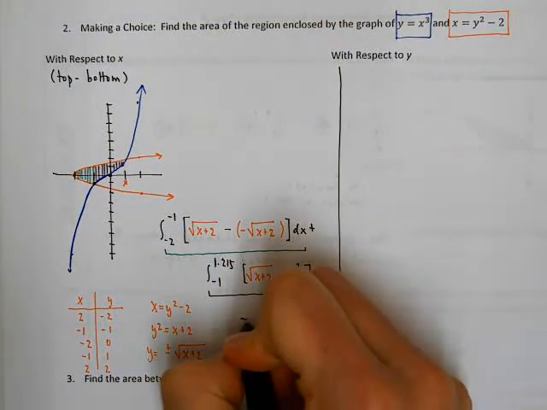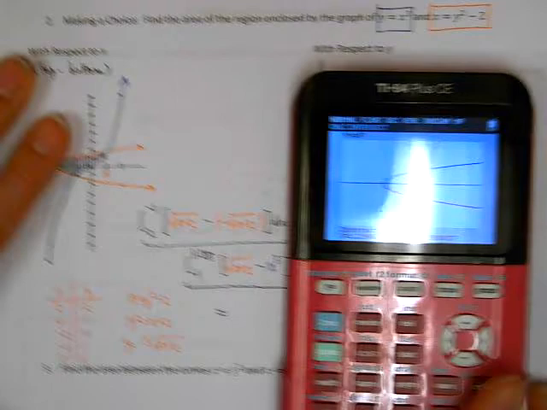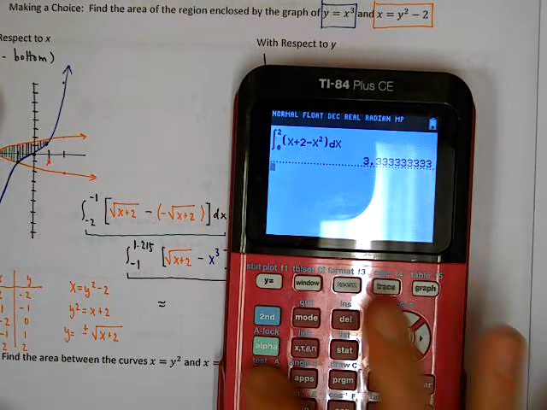So now that I've got all of this, again, this was my purple region here, I'm going to add those two together. I'm going to use my calculator to do that. And we'll see what we get.